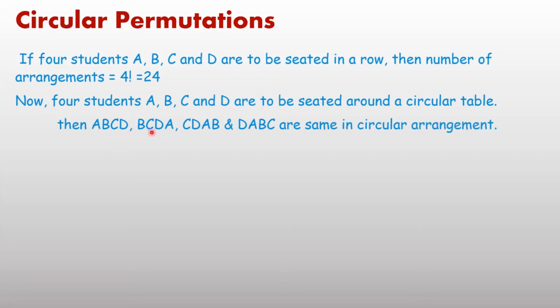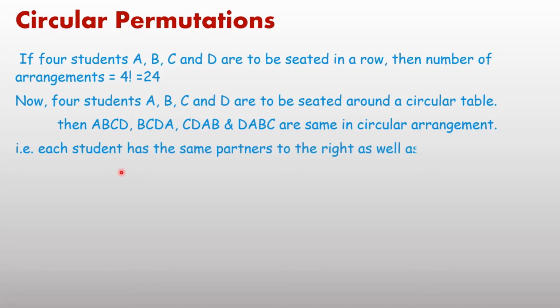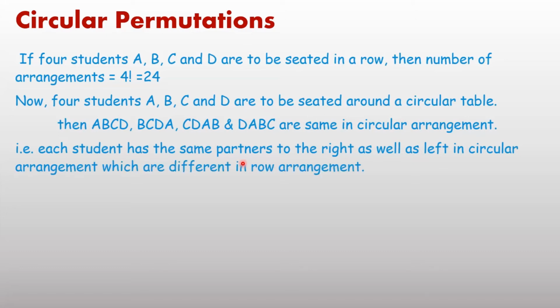Then ABCD, BCDA, CDAB and DABC are the same in circular arrangement. If these 4 students are going to sit around a table, then these 4 which are different in row arrangement are the same in circular arrangement. Reason: each student has the same partner to the right as well as left in circular arrangement, which are different in row arrangement.